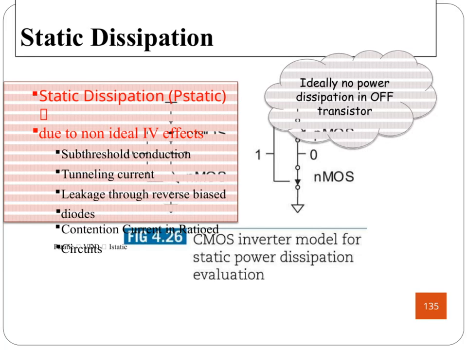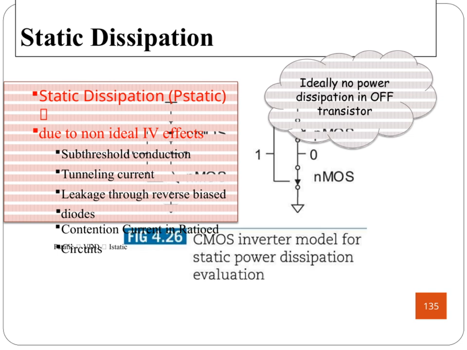Here, we're focusing on static dissipation, which refers to the power consumed when a transistor is in the off state. The key formula for static power dissipation is the product of the supply voltage VDD and the static current, I static. This power loss arises due to several non-ideal effects in the transistor's behavior.